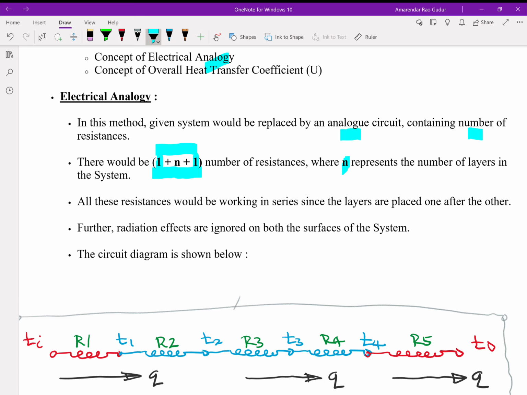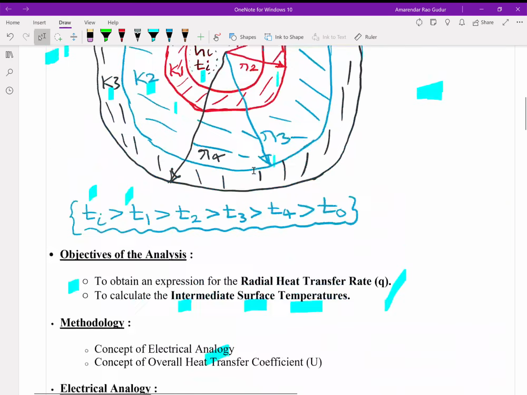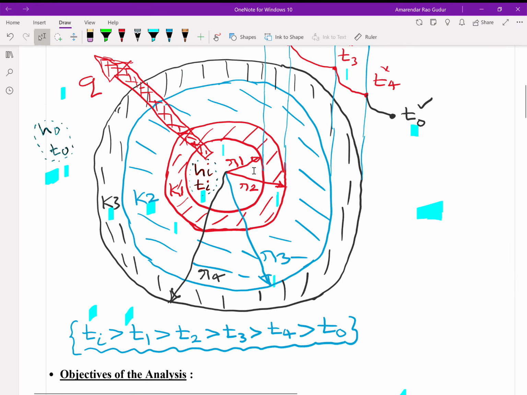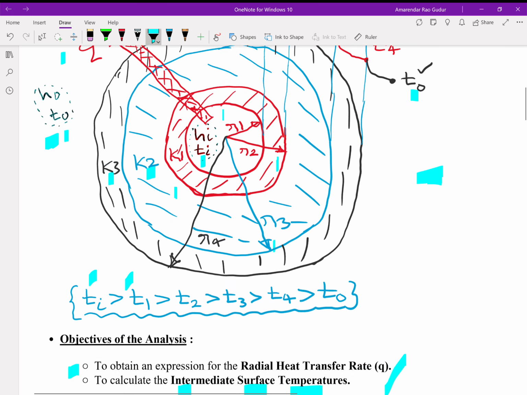Since in our system we have 3 layers, n is equal to 3, so we will be having 5 resistances, and all these resistances will be operating in series since the layers are placed one after the other. In other words, first there will be inner convection, then conduction, then conduction, then conduction, then convection. So nothing is happening in parallel.